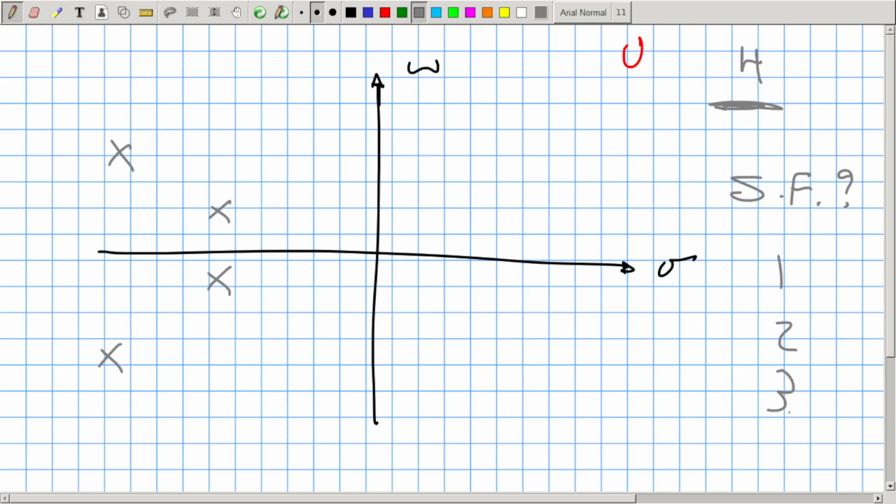Yes, no, I do not know. The question is, is that H BIBO stable? If I've got this H, can I apply sinusoidal fidelity?